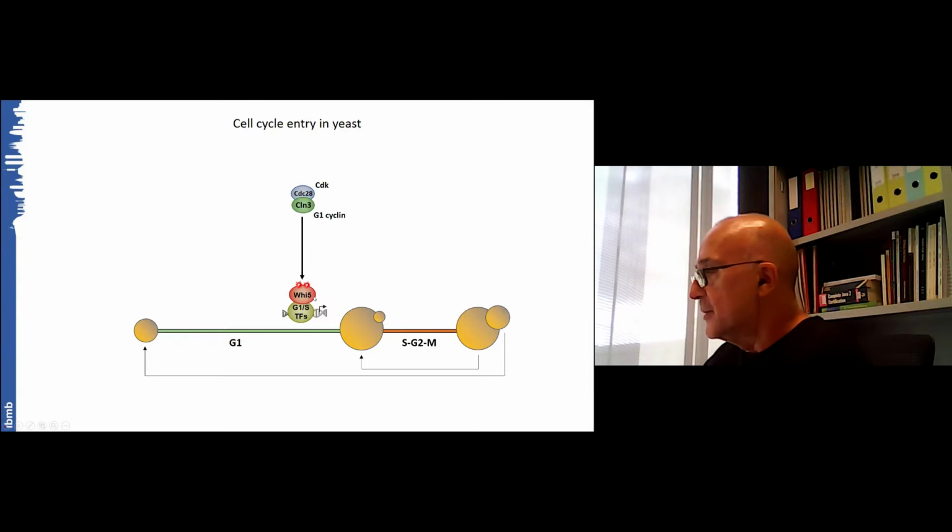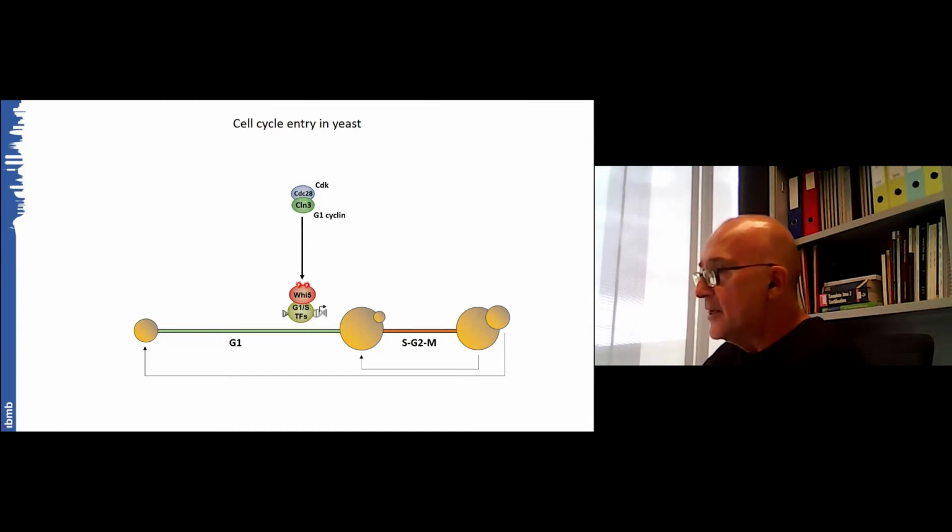And that will lead to a transcriptional wave that will include other cyclins that will help the CDK to phosphorylate those factors at a higher level in a positive feedback loop. And in this way, making Start, or cell cycle entry, a switch.